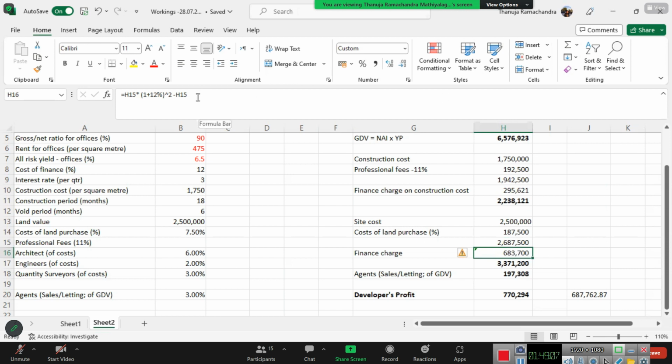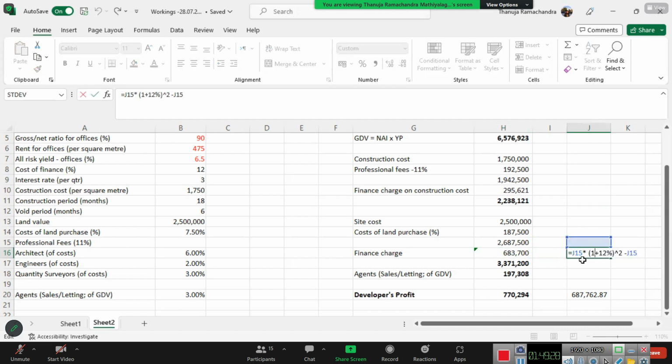Or else another way is like, take this formula, copy and put it here. What I'm going to do is put this one, and then I'm not going to deduct anything.